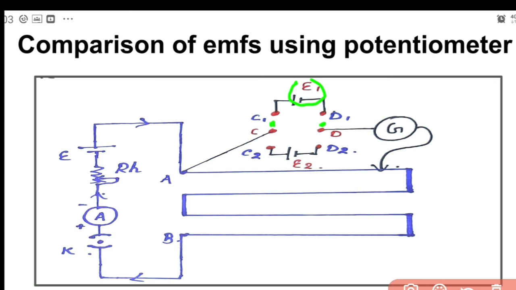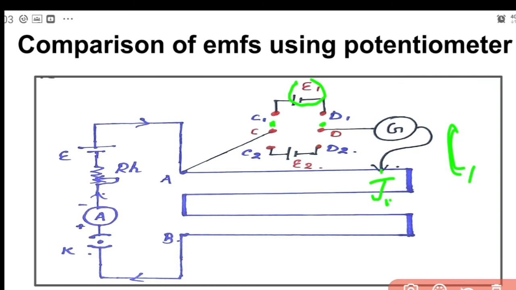Let that point be J1. At that particular point, we need to measure that length AJ1, which we call the balancing length. Let it be L1. So L1 is the balancing length corresponding to the EMF epsilon 1.